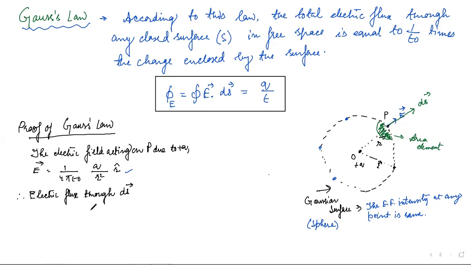Electric flux through dS is given by d phi is equal to E dot dS. And what is the angle between them? 0 degree. So E dS cos 0 degree, which comes as E dS.